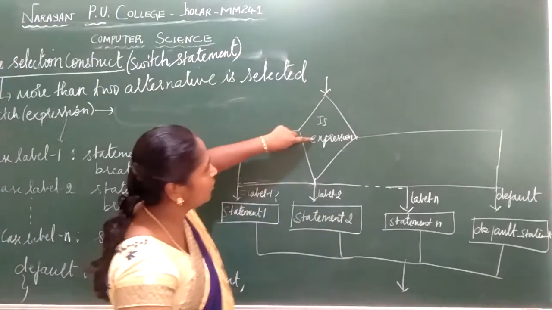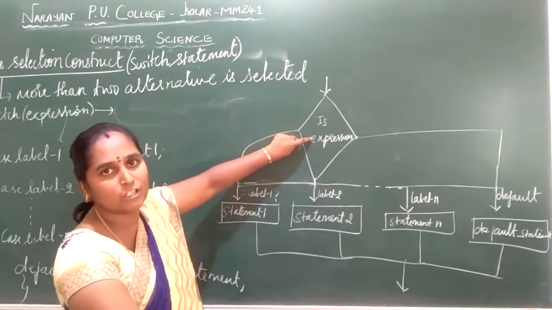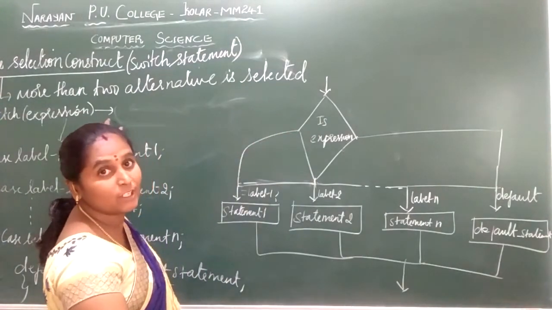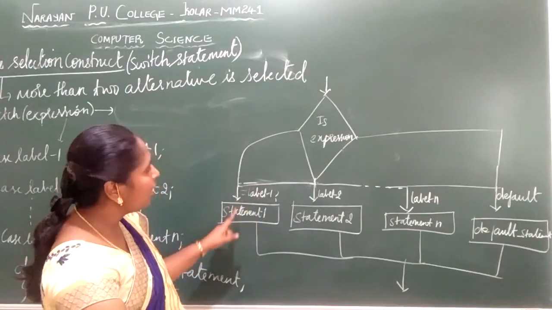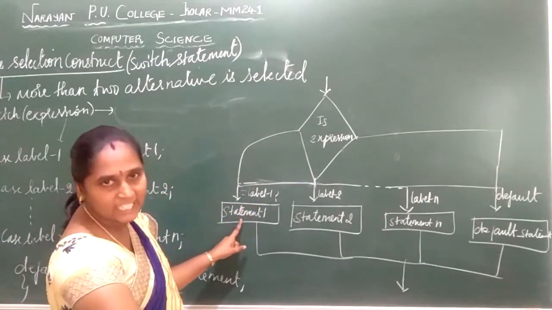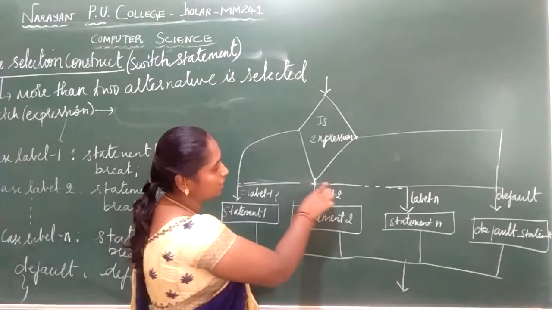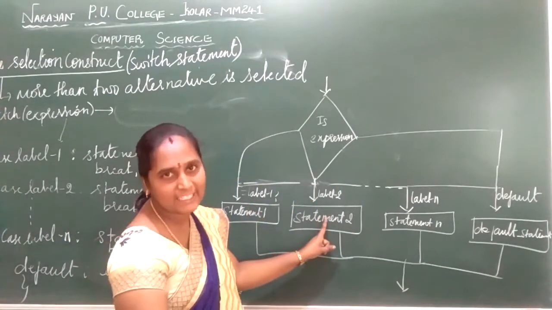Here you are going to check the expression, that is, the value of the expression. I have already told you that in a switch, the expression can be an integer, character or boolean, that is, enumerated data types. If this matches your case label 1, you are going to execute statement 1. If this expression doesn't match case label 1, you are going to check case label 2.